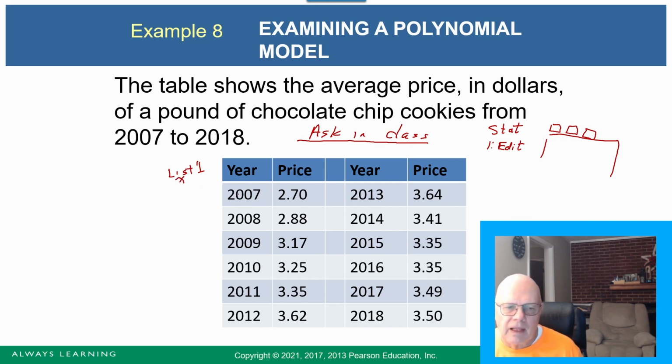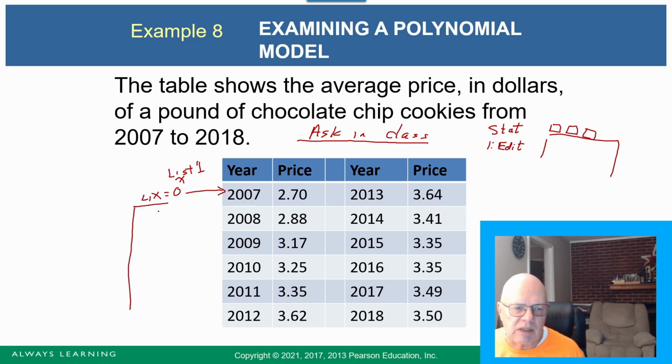Now, these numbers for the year are rather large, so to get a better picture, we're going to let x of 0 represent the year 2000. So in our list 1, we'll have 0 at the top, sort of like this.